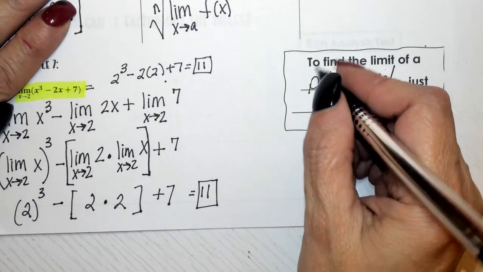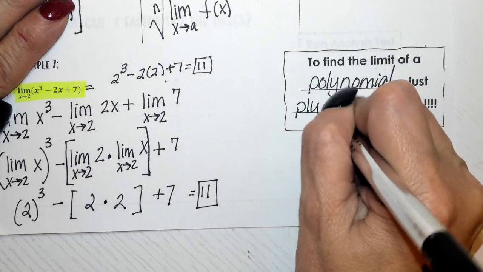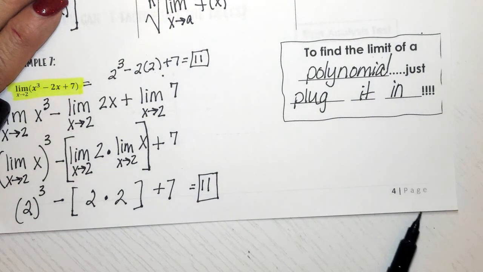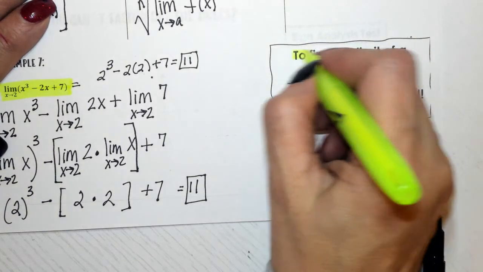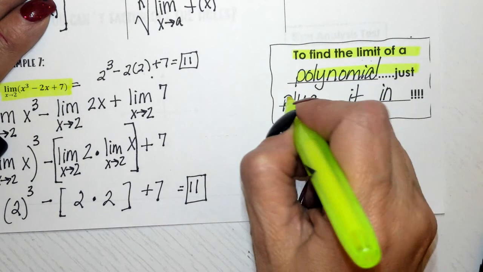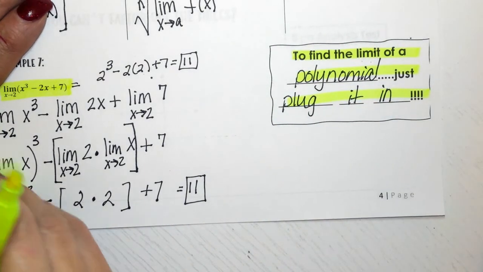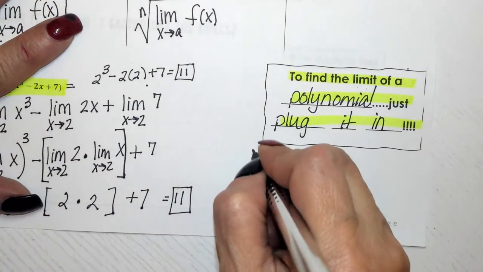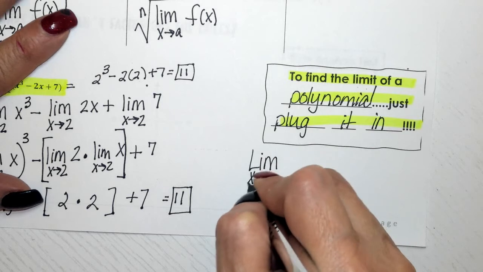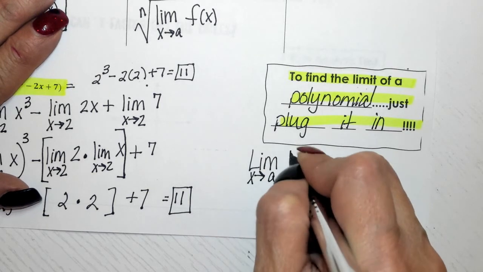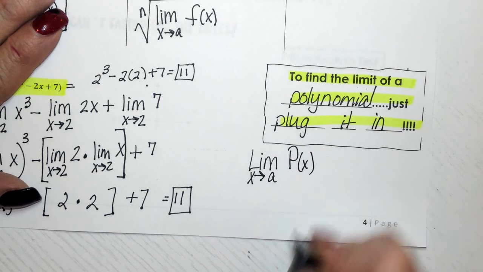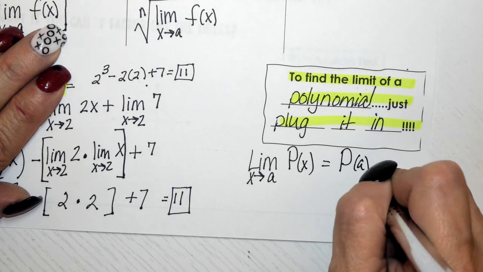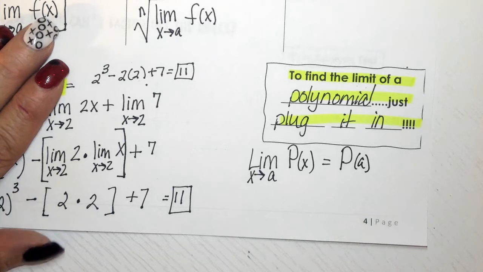oh yeah, you just plug it in. Isn't that nice? I know. The polynomials, they're really nice. You just have to plug it in. You just plug it in and you check it. So here's what I'm going to say. I'm going to say the limit as x approaches a of polynomial in the function x is you just evaluate it for a.